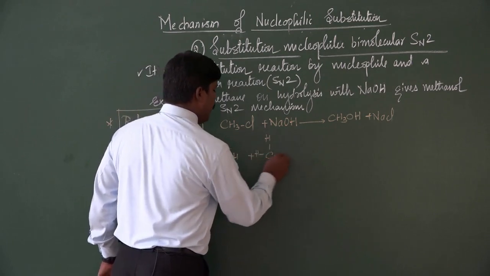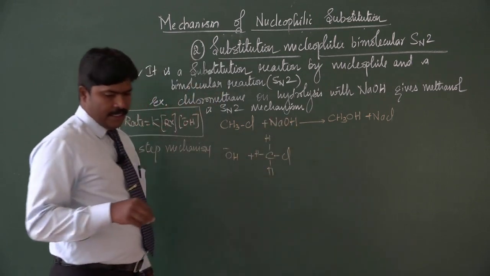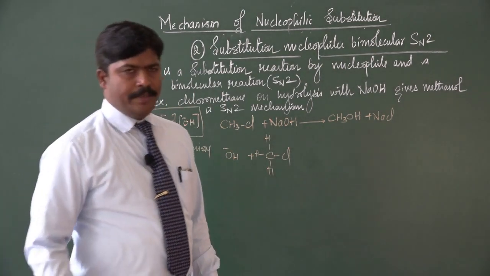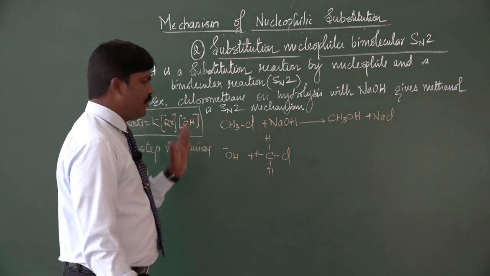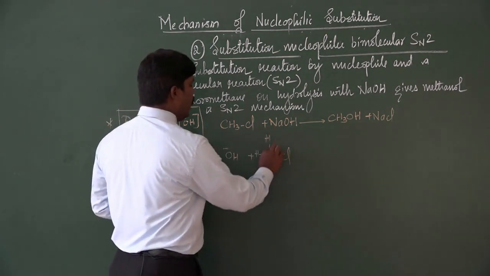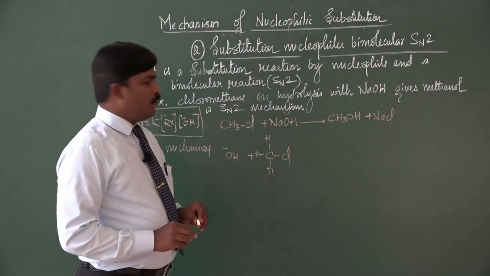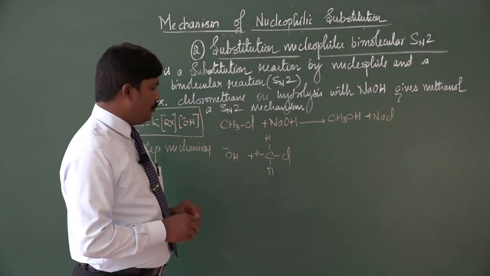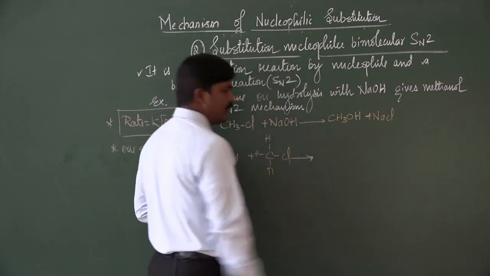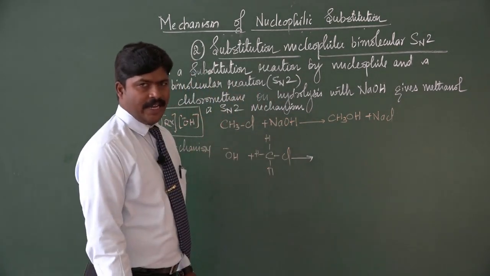You know very well the nature of C and Cl in chloromethane. The chlorine is electronegative compared to carbon, so delta plus and delta minus. In the first step, when the OH minus attacks the carbon positive in the C-Cl bond, they undergo a state called the transition state, an intermediate state.